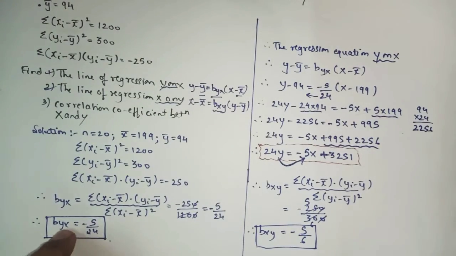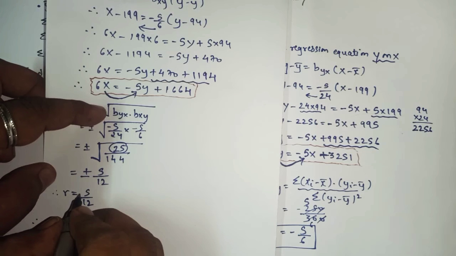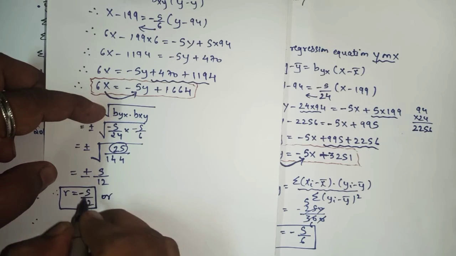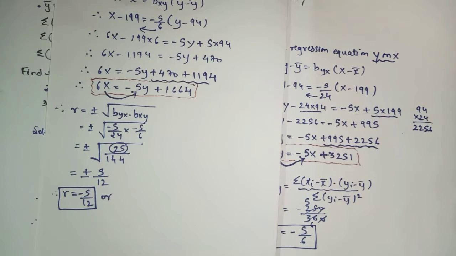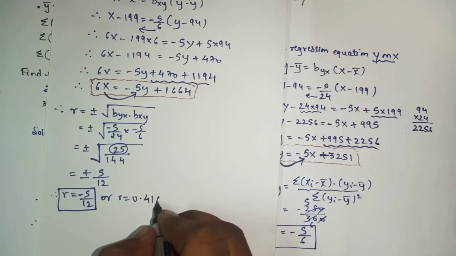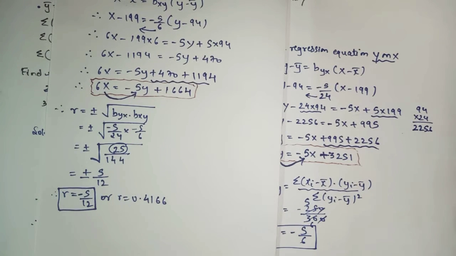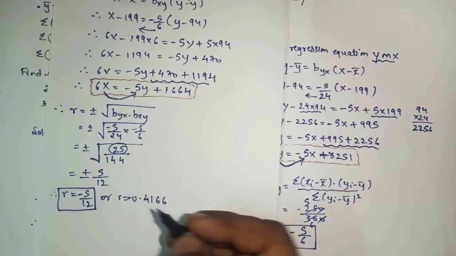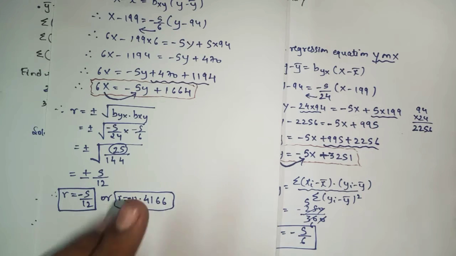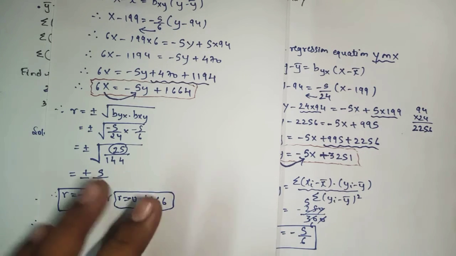When you see byx value, it is minus, and bxy again is minus. So here the value of r will be minus 5 by 12, or you can divide this number to get your answer. 5 by 12 will be 0.41666, and it goes on. As the answer will be minus, you can keep your answer in fraction or in decimal also; keep the answer in decimal only.